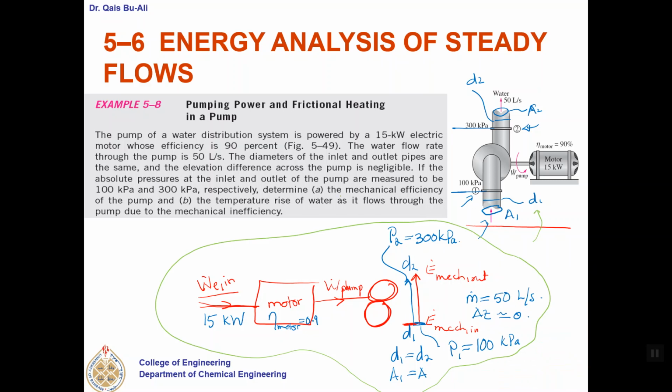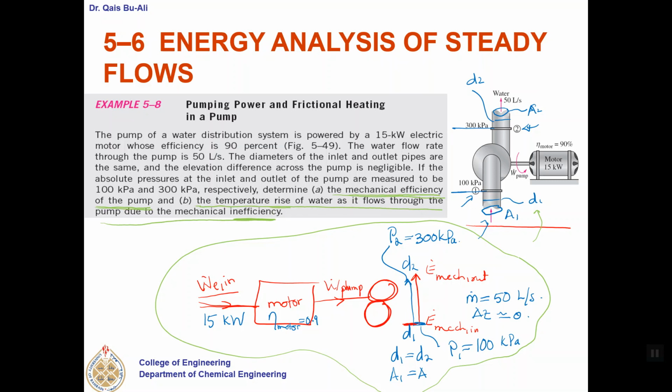So what's required here? Number one, determine the mechanical efficiency of the pump. Number two, the temperature rise of water as it flows through the pump due to the mechanical inefficiency. We have done something similar to this, the temperature rise, if you remember, when we talked about efficiency and losses. The first thing is the mechanical efficiency of the pump.